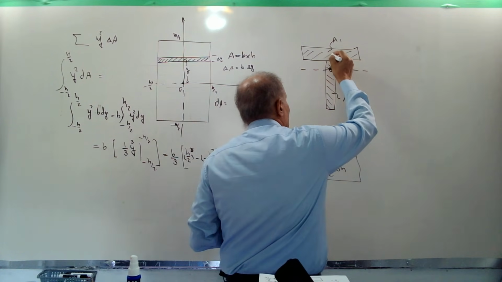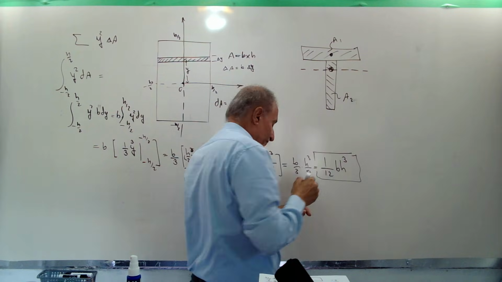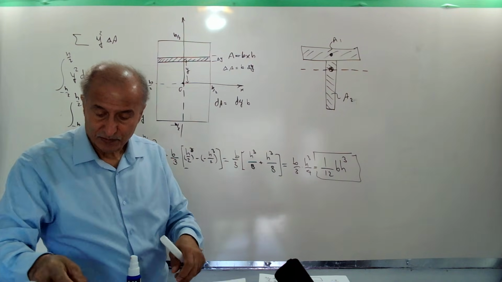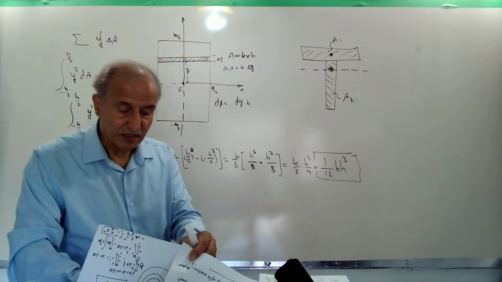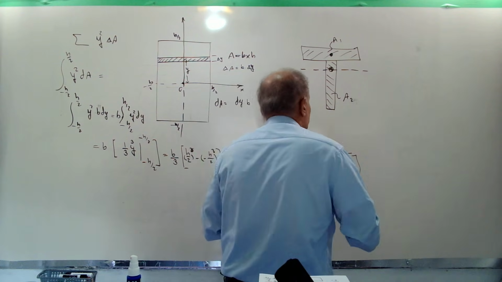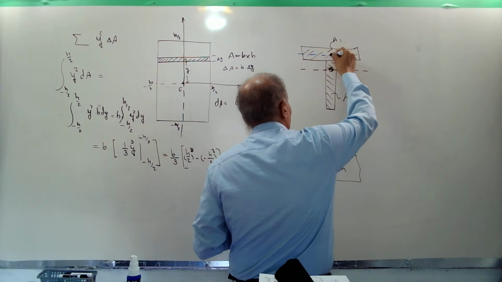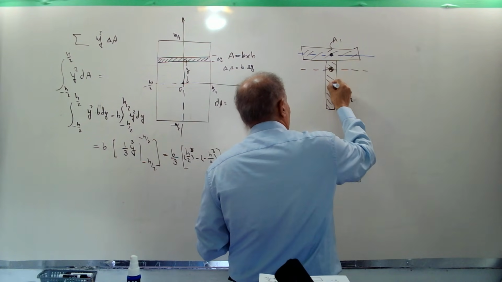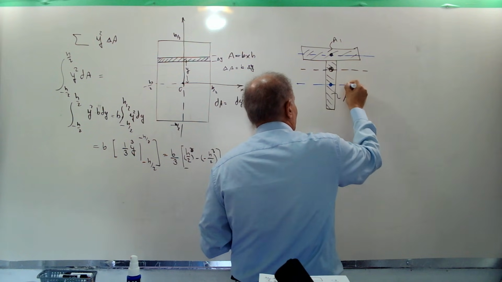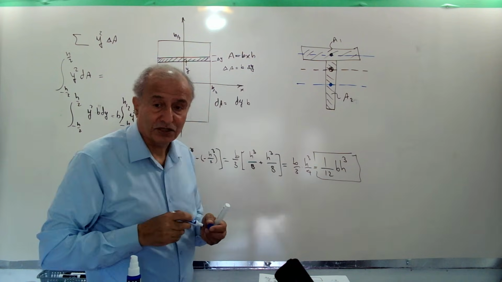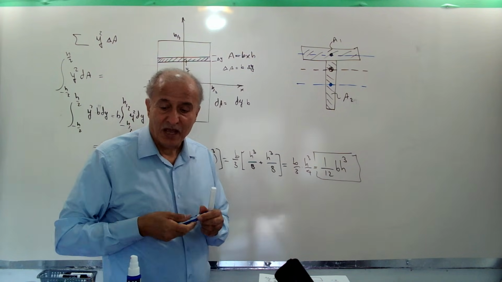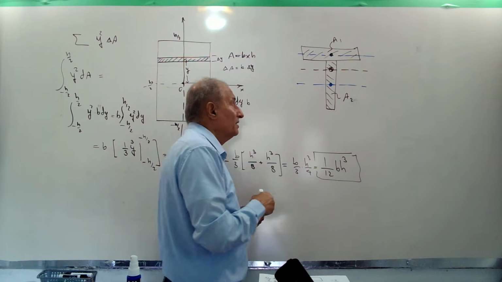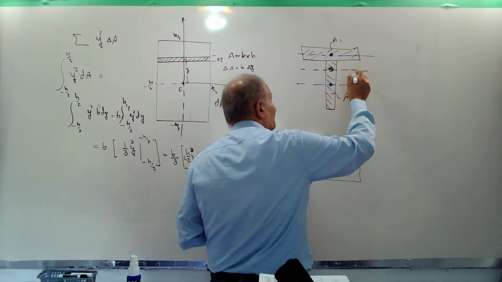It means that we divide this cross section into two simple geometric shapes, one here and another one here. First, we calculate about this axis and then transfer from this axis to here.